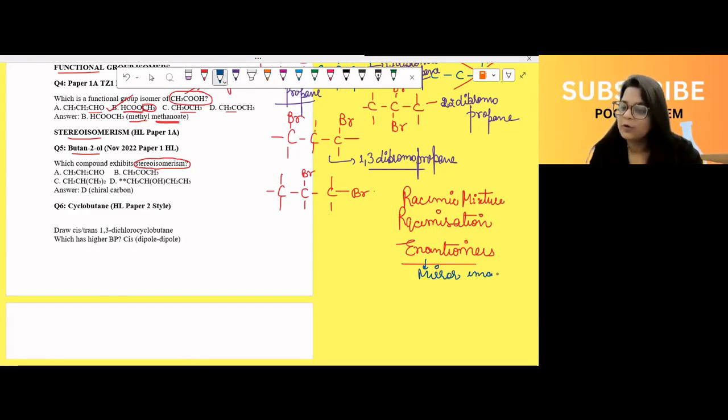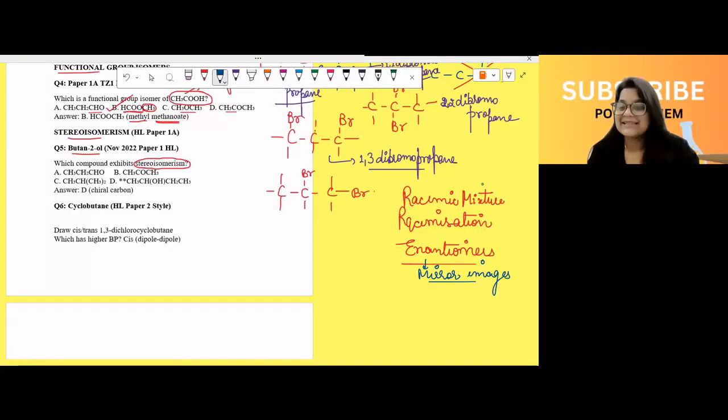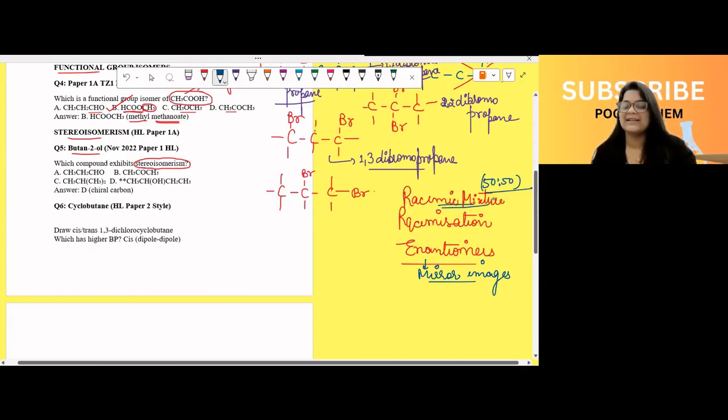Mirror images are those that rotate clockwise or anti-clockwise. So both the enantiomers exist in a 50-50% ratio. That mixture is called a racemic mixture, and the process of obtaining that is racemization.